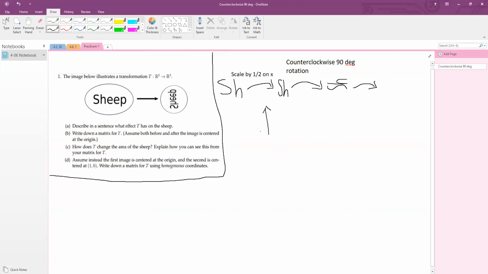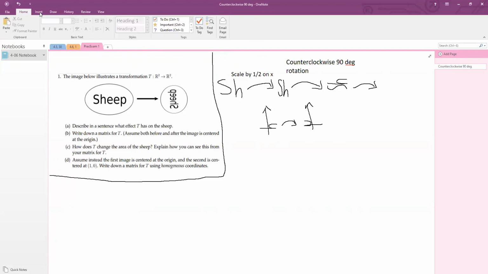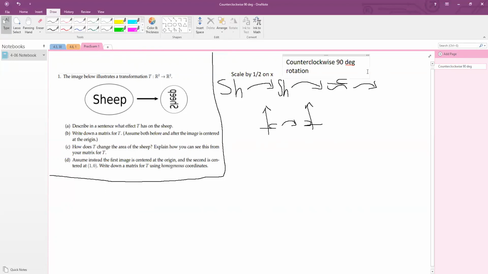If you thought about a y-axis with the H over here, we're just flipping it over the y-axis so that now the head of the H is over here. So we will call it a flip over the y-axis.